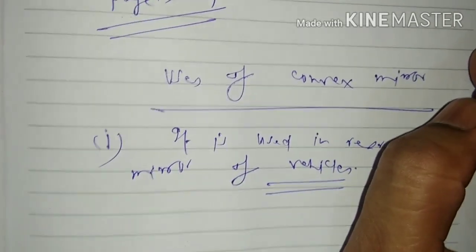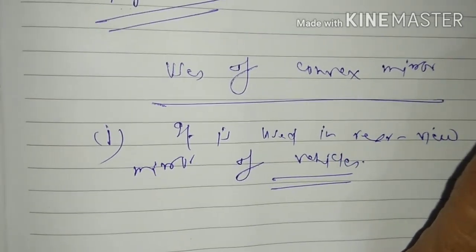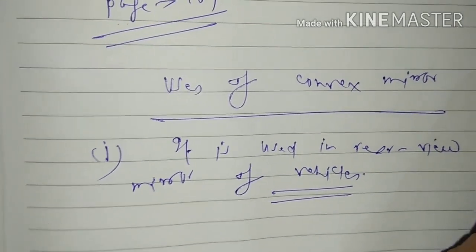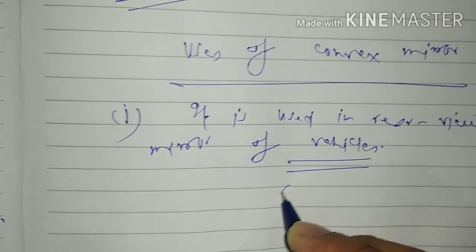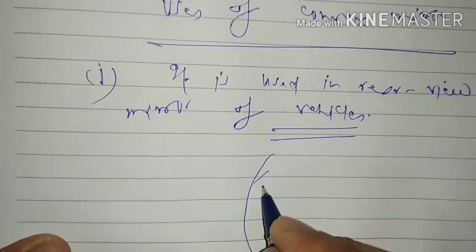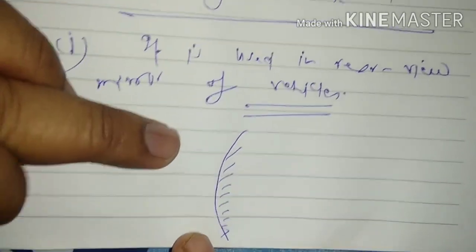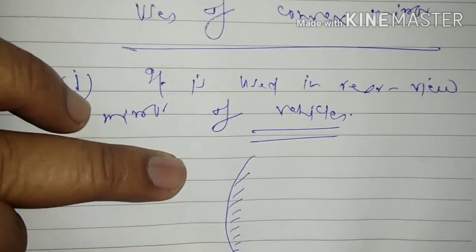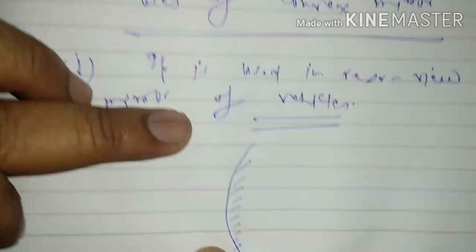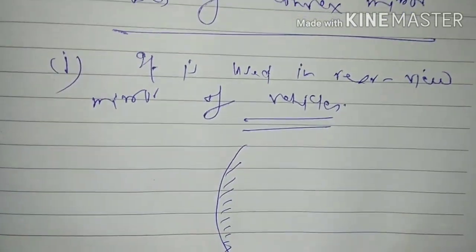So the reason is that convex mirrors form a diminished and erect image of any object. Also, its reflecting surface is outward tilted, so its field of view becomes larger. That is why a convex mirror is used as a rear view mirror in place of a plane mirror.